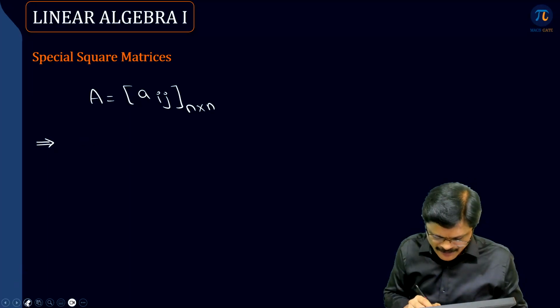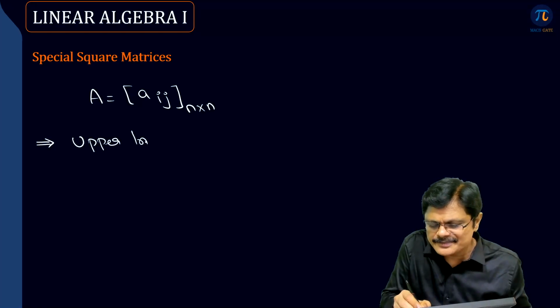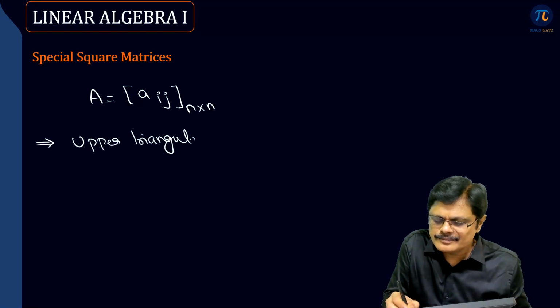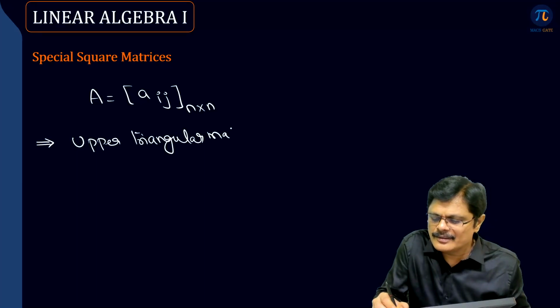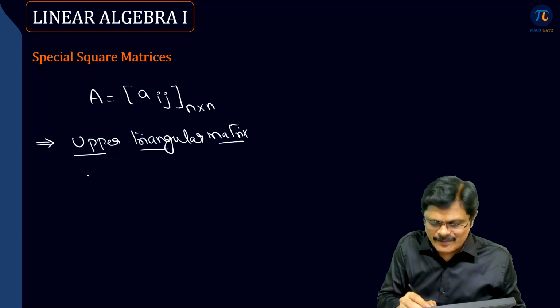The first one is the upper triangular matrix. What is this upper triangular matrix?